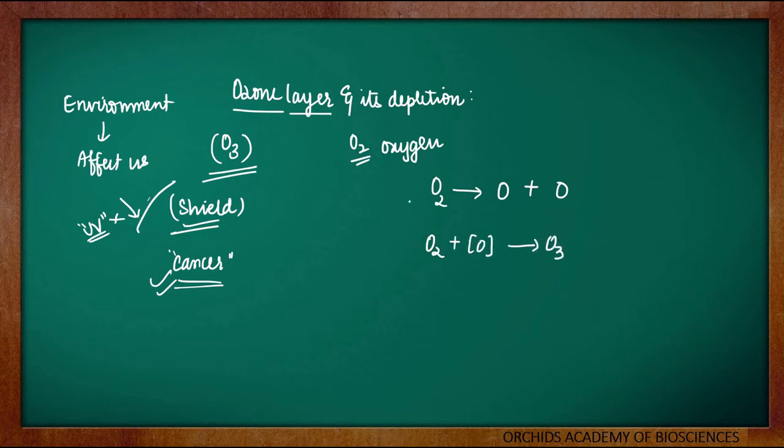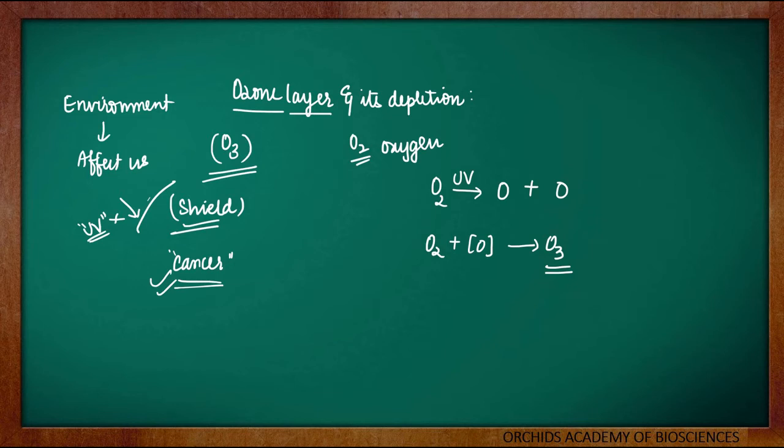Once again I repeat, the O2 molecule, that is our normal molecular oxygen which we breathe, by the action of UV rays will be broken into two free oxygens. Now one of these oxygens will combine with the normal O2 molecule to form the O3 molecule. So this is how ozone, or O3, is formed. And this O3 is very important to shield or protect our earth from harmful ultraviolet rays.